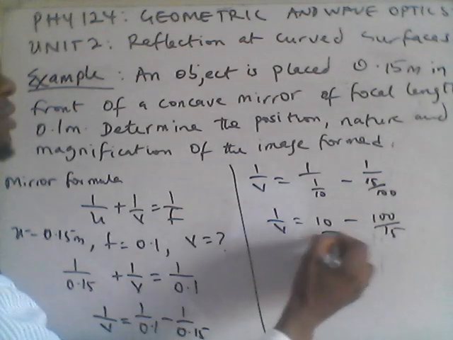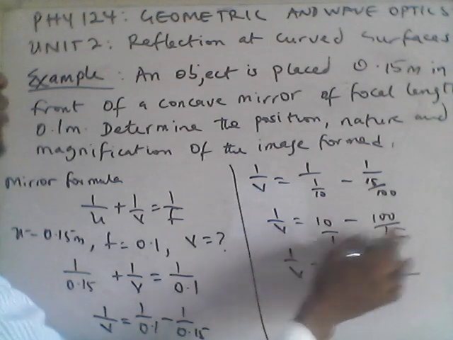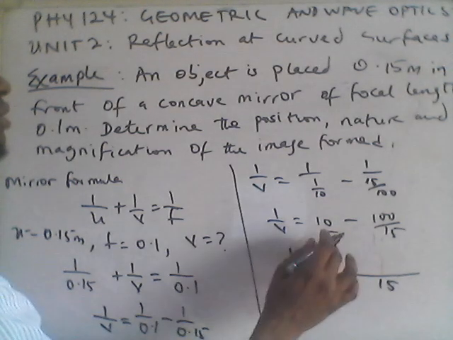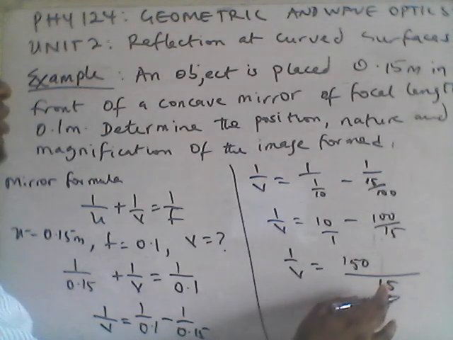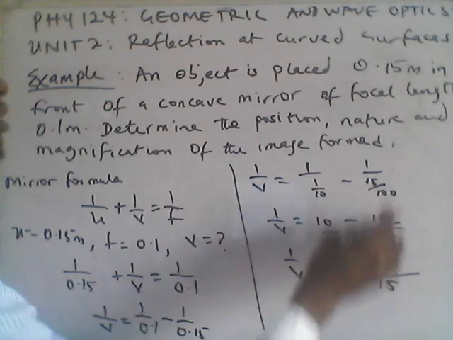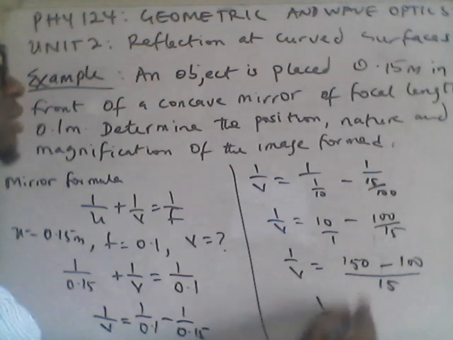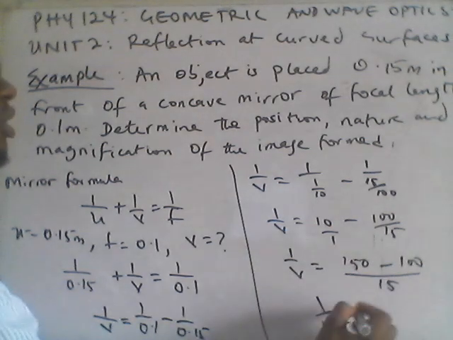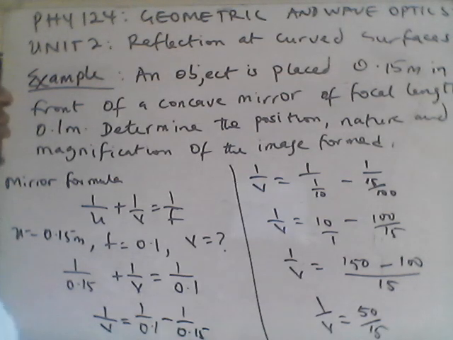The LCM of these two is 15, so this is 150 over 15 minus 100 over 15. 150 minus 100, I will have 50 over 15.